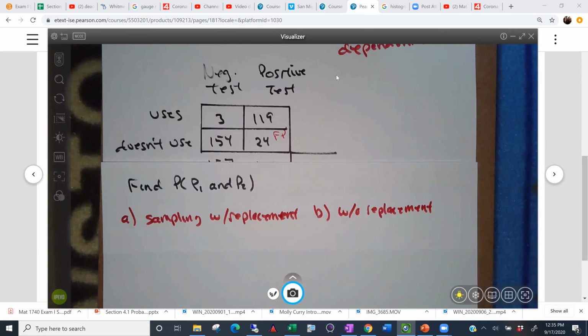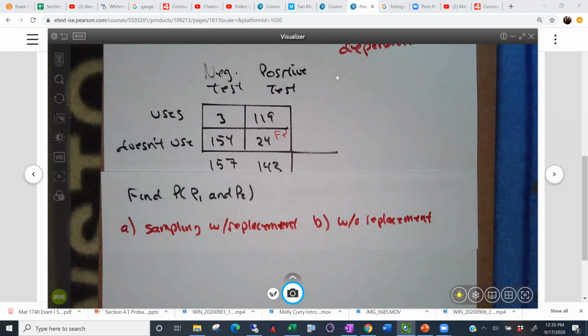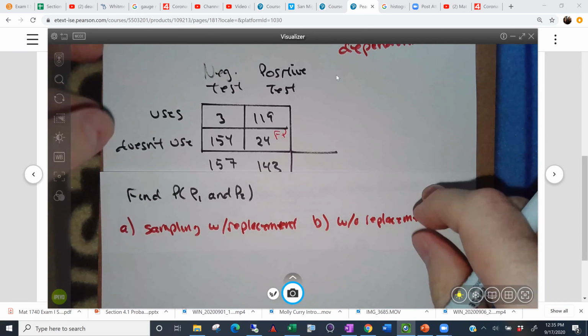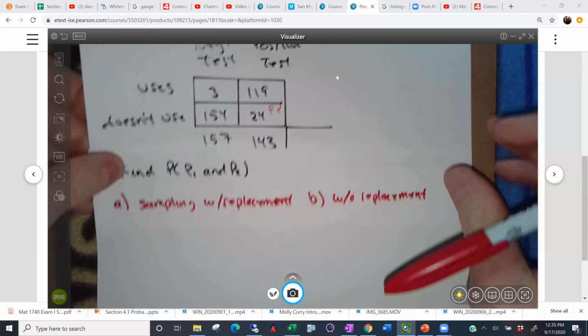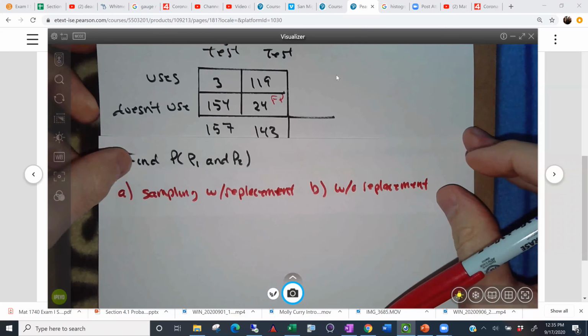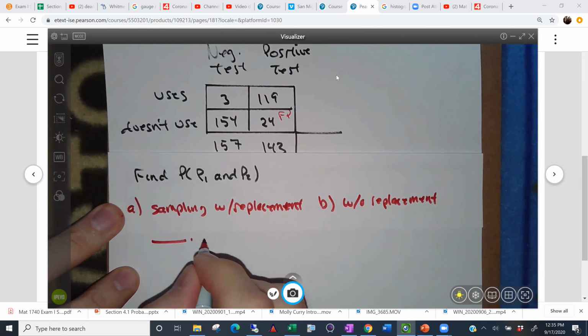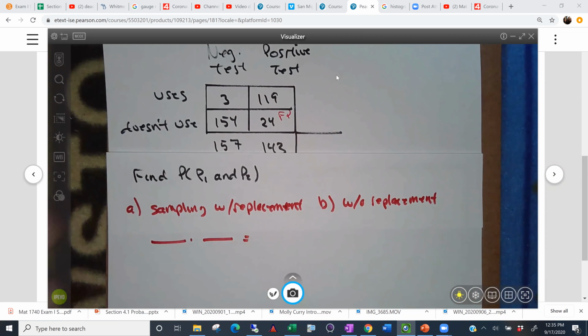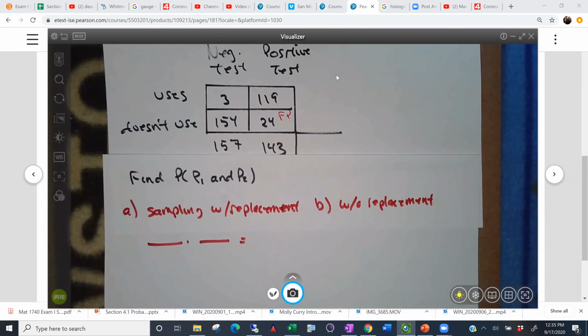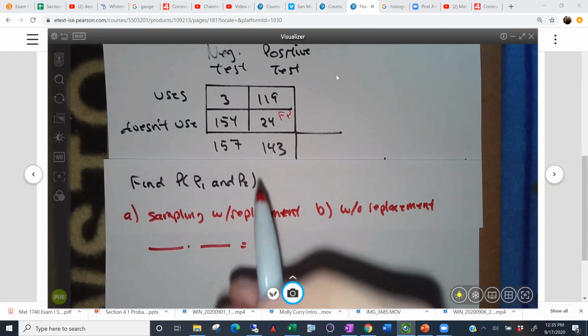Let's pull those together a little bit. So what's the probability of getting first one, then the other that tested positive? Let's start with the first one. What's the probability that the first person tests positive?